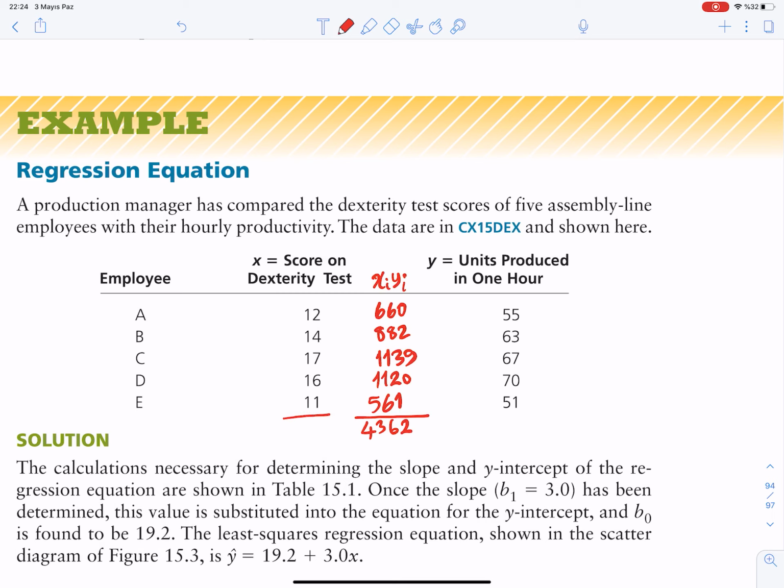If you sum up x, this is 26, 33, 43, 49, 59, 60, and 70. And for y, 55 plus 63 plus 67 plus 70 plus 51, in total this is 306.